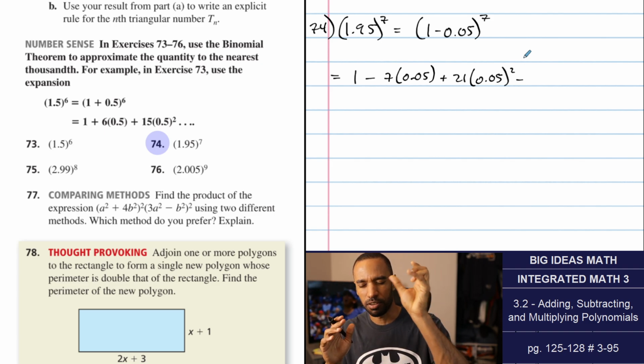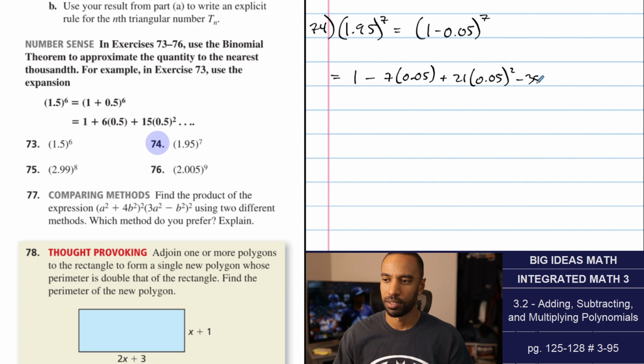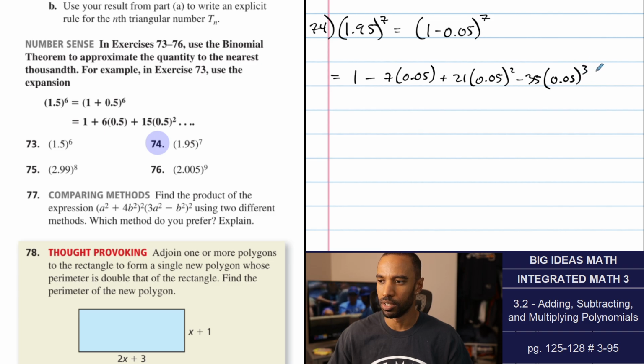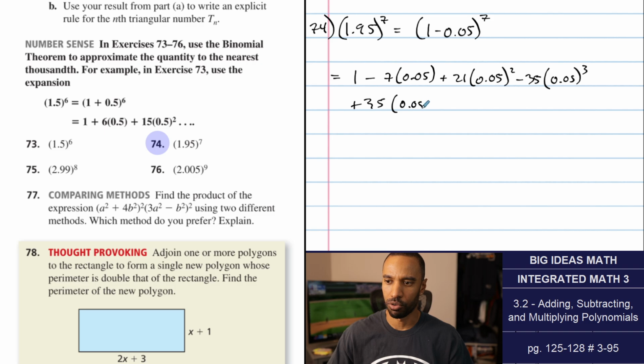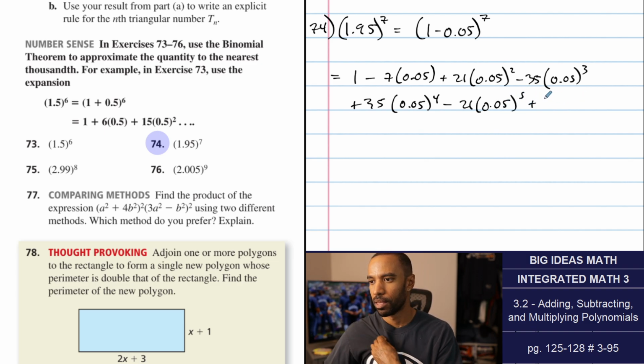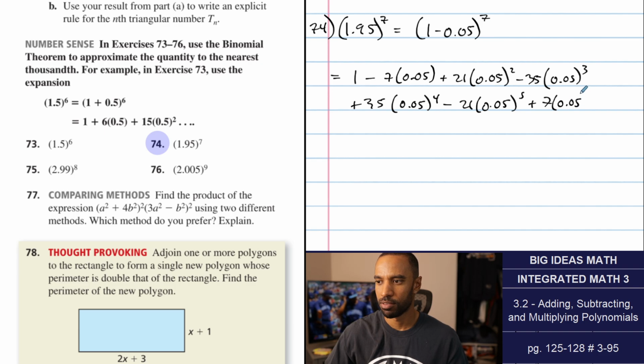This was 6 plus 15, 15 plus 20. So 35, and then it'll be symmetry in a bit. 1, 2, 3, 4. Then there's symmetry the rest of the way. 0.05 cubed. So now plus 35 times 0.05 to the 4th minus 21 times 0.05 to the 5th plus 7 times 0.05 to the 6th minus 0.05 to the 7th.